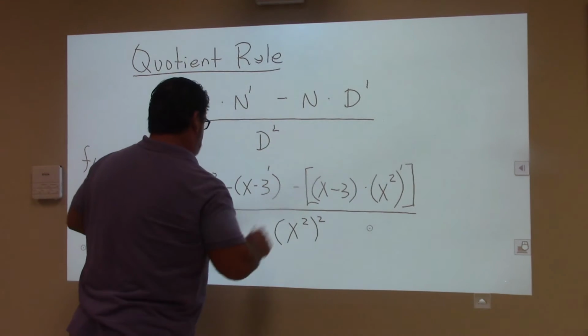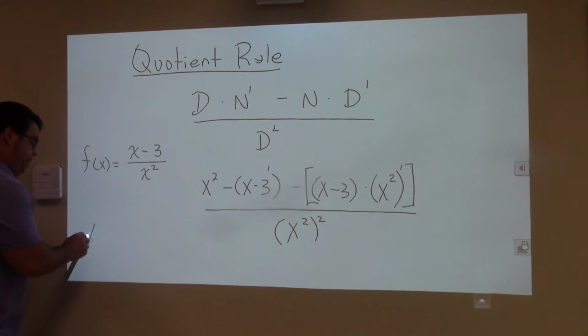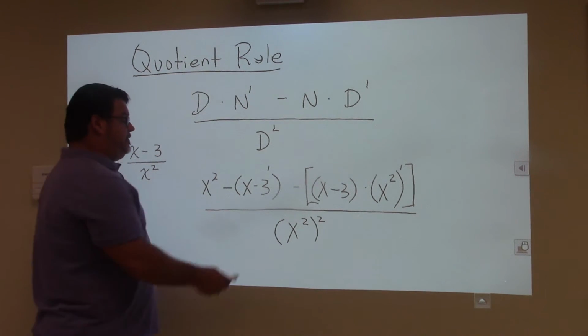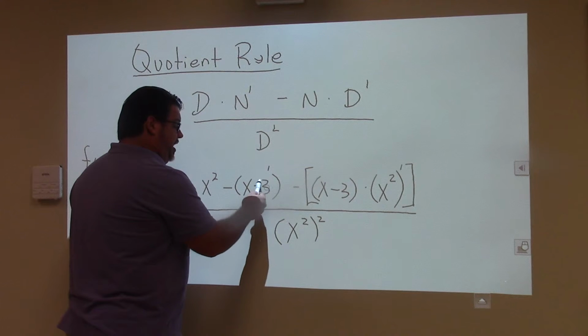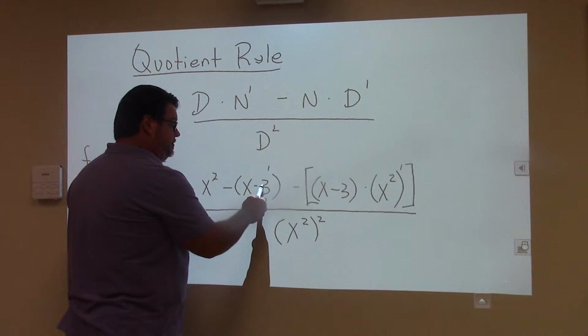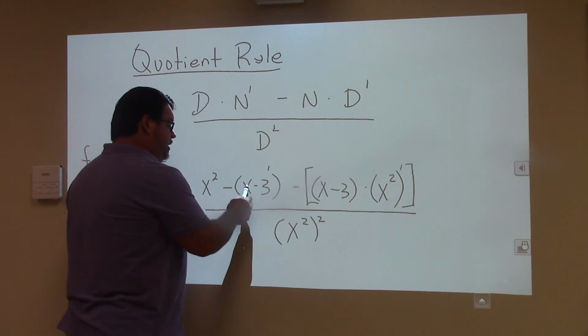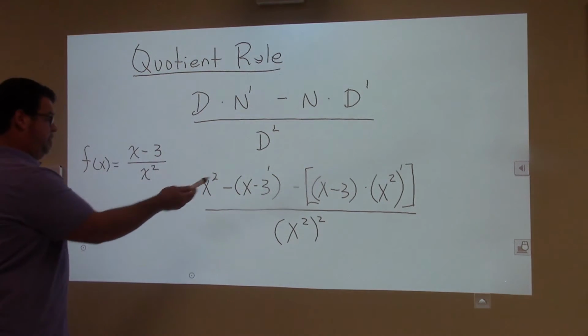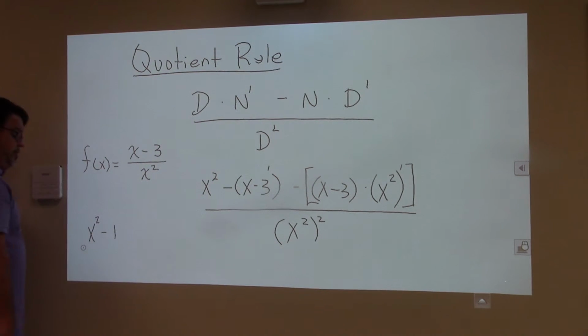Now here, x squared times, what is the derivative of x minus 3? Well, the derivative of a constant is what? 0. And what's the derivative of 1x? 1. So that becomes x squared times 1. Is that not multiplication right there?